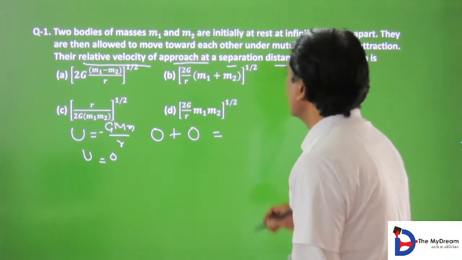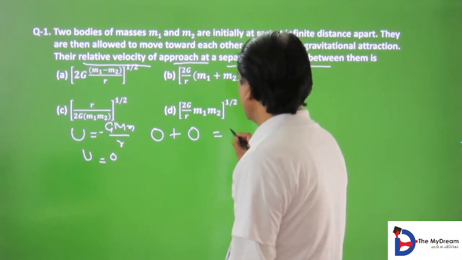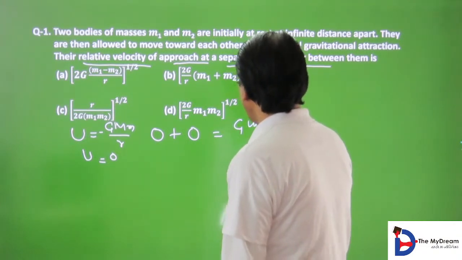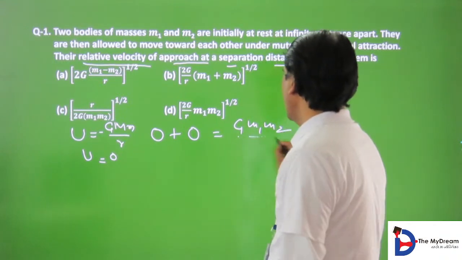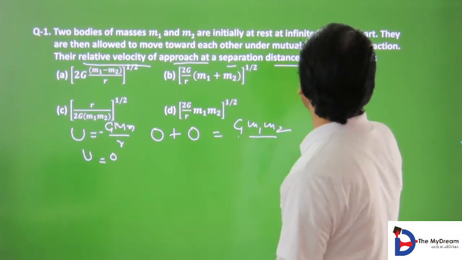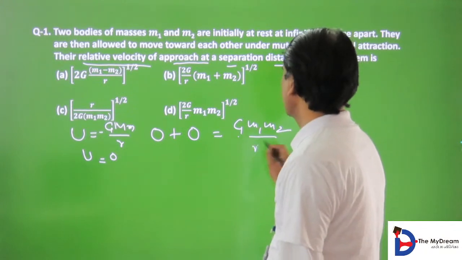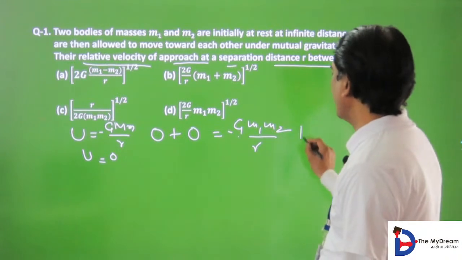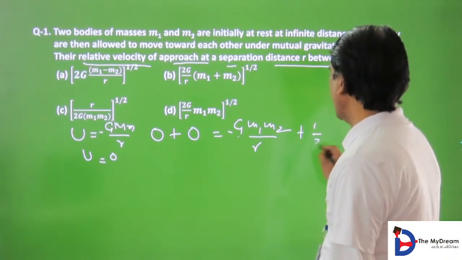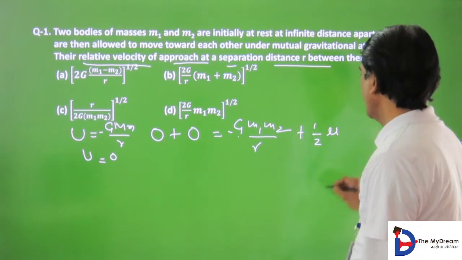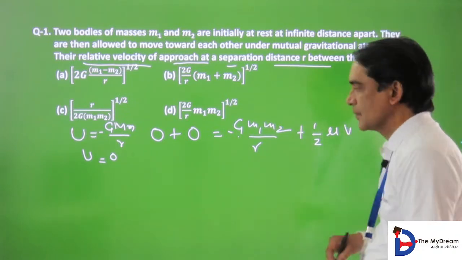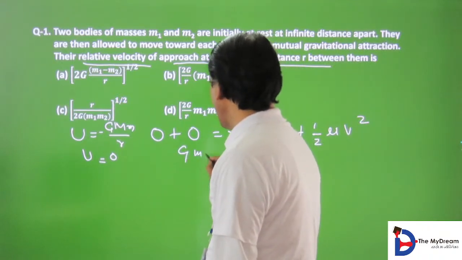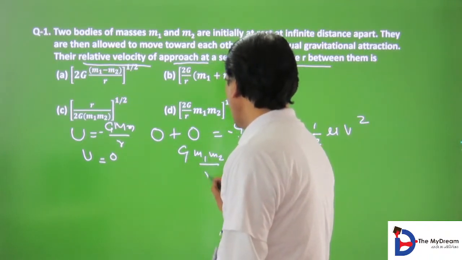Now, the potential energy is given by G m1 m2 upon R, and their kinetic energy will become half mu v square, which can be written like this also, G m1 m2 upon R.